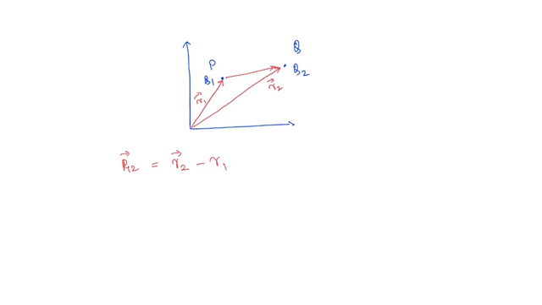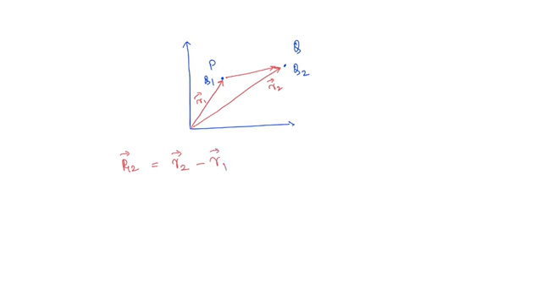Now how to get the radius vector? This might be a problem for some of you, so that's why I am telling. Let's say this is point P where charge Q1 is present, and this is point Q where charge Q2 is present. If the position vectors are R1 bar and R2 bar, then the distance vector R12 bar is given by R2 bar minus R1 bar.